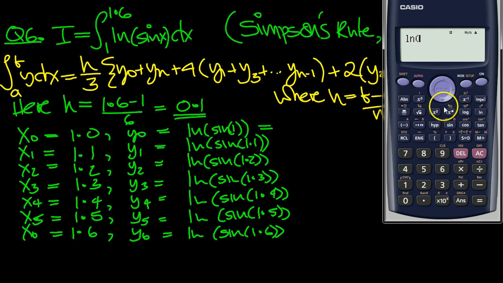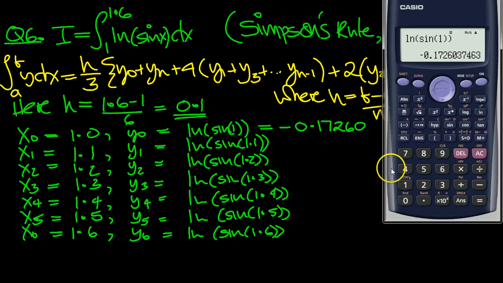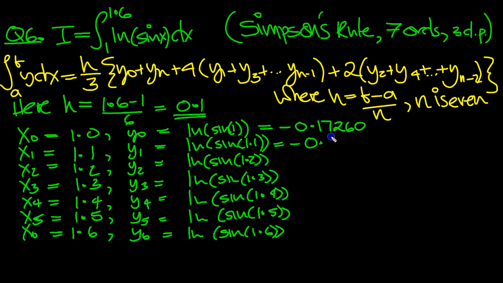I'm in radians mode, ln sine, value 1, close the sine bracket, close the ln bracket: minus 0.17260. Now 1.1: minus 0.11518.